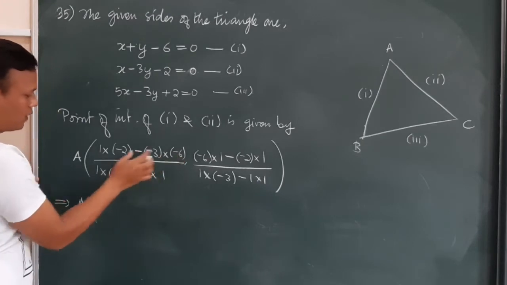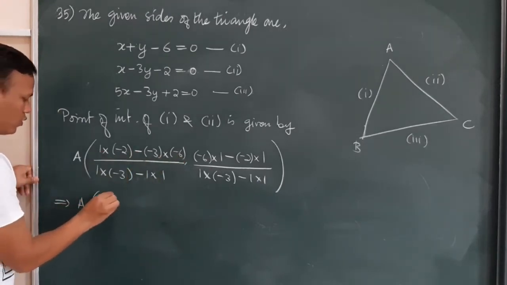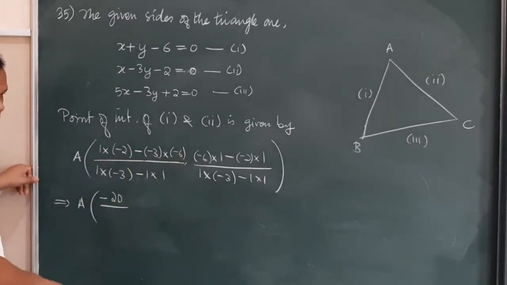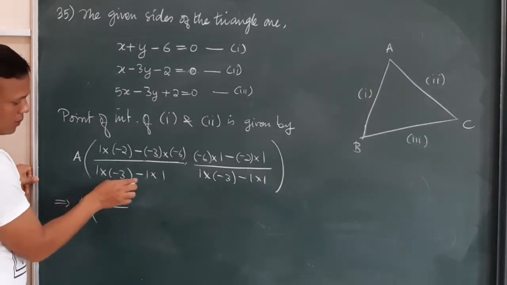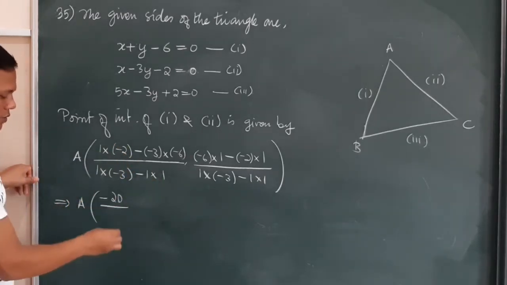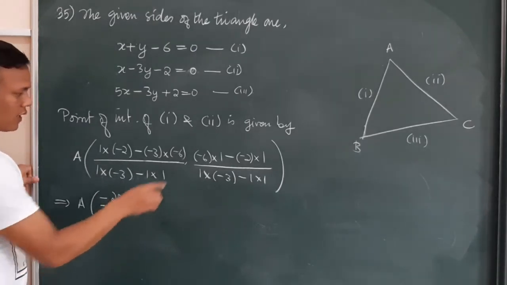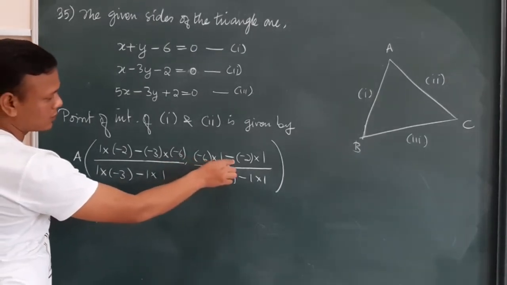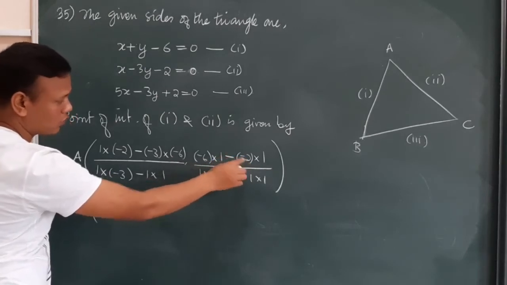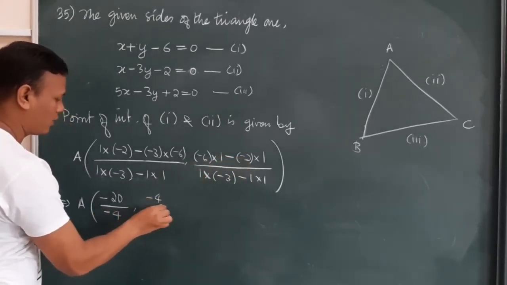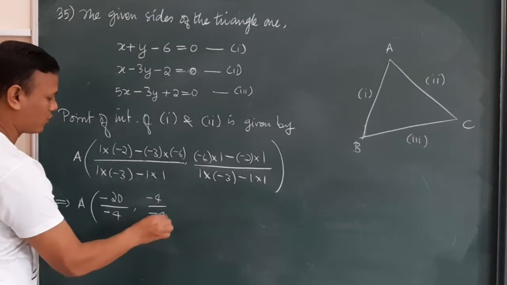So minus 18 minus 2 is minus 20 by, so this is minus 3 minus 1, so how much is that? This is minus 4. Similarly we have this is minus 6, this is minus into minus is plus, so 2, so this is minus 4 and the denominator is minus 4 as you can see.